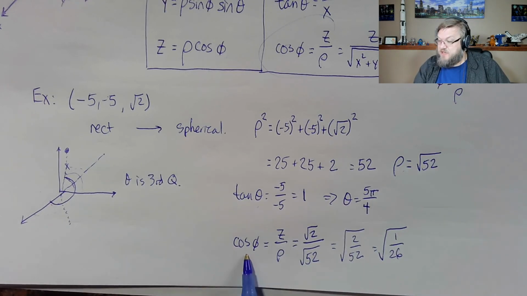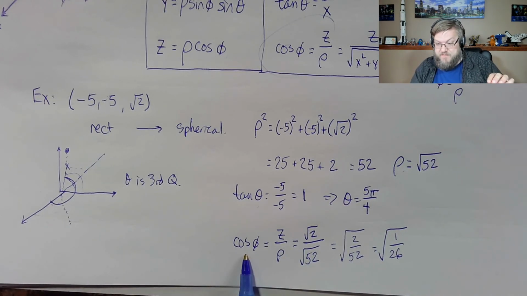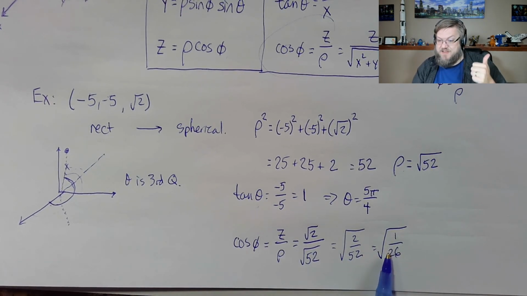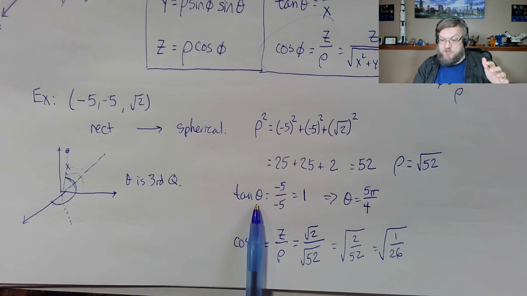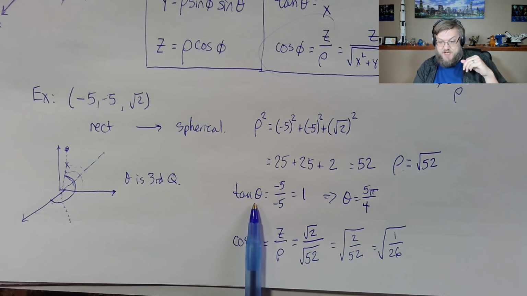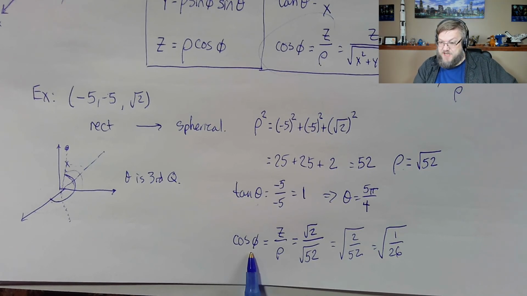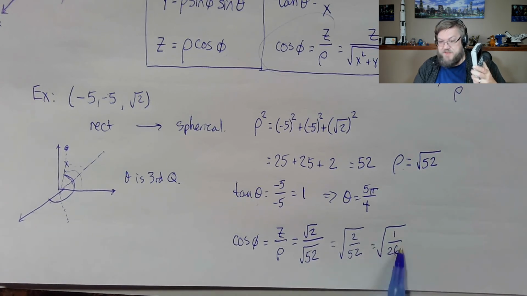This makes the inverse cosine completely safe. Whatever the calculator says here is the angle you want to go with. So unlike theta being a jerk and having two options for quadrants, phi is straightforward because of the way we define phi. Phi is either first quadrant or second quadrant, and the calculator will always tell you the correct quadrant. So this one directly is just the arc cosine of this number.